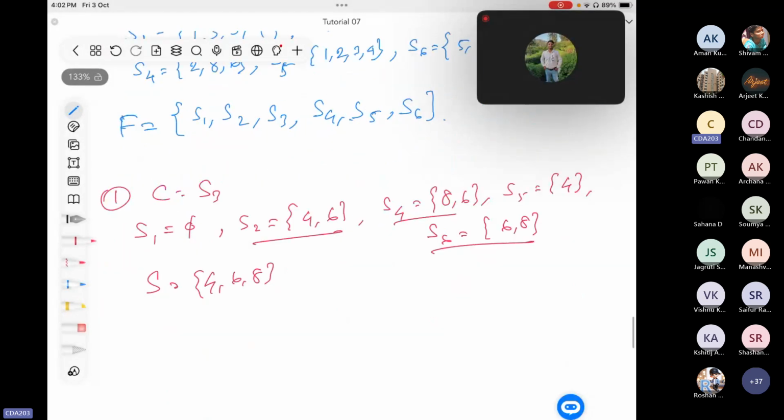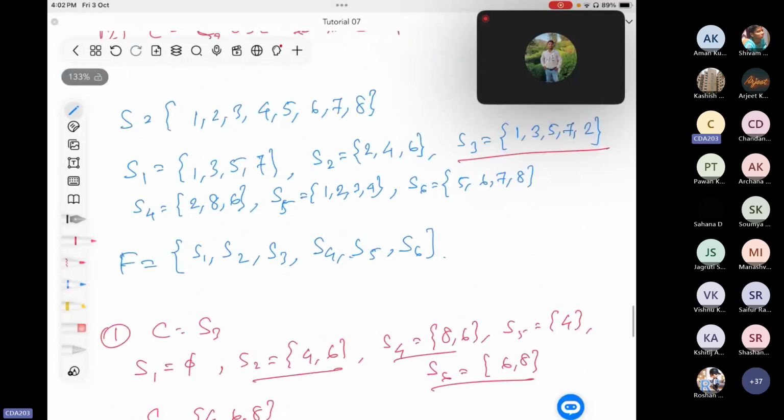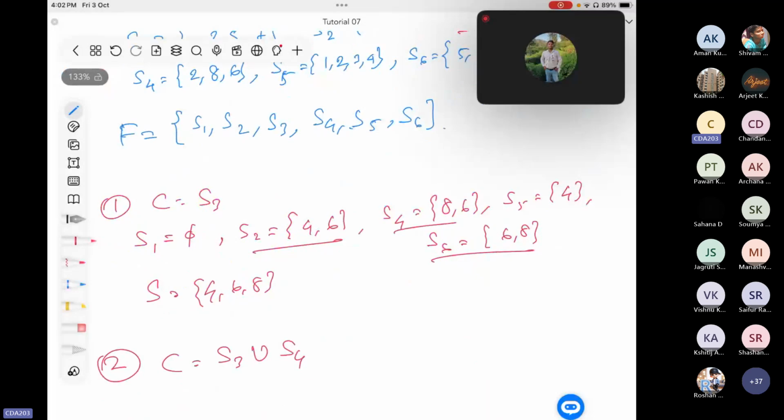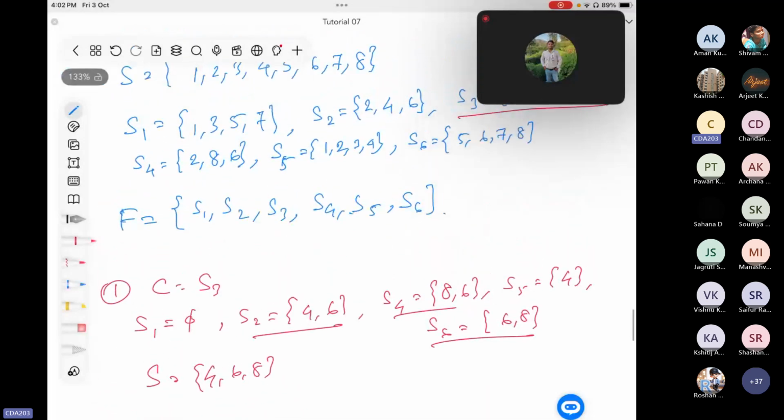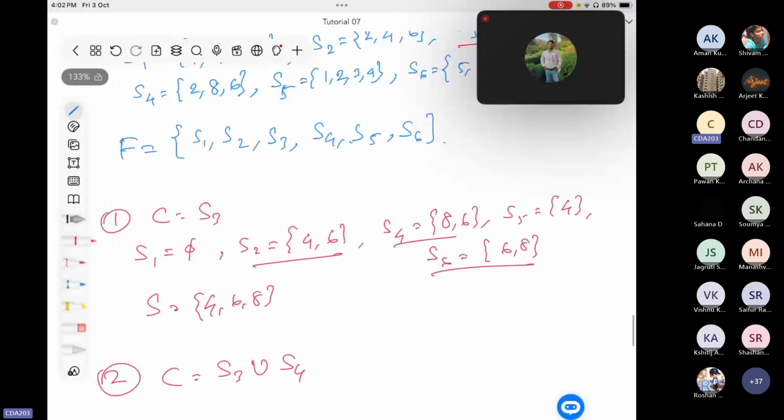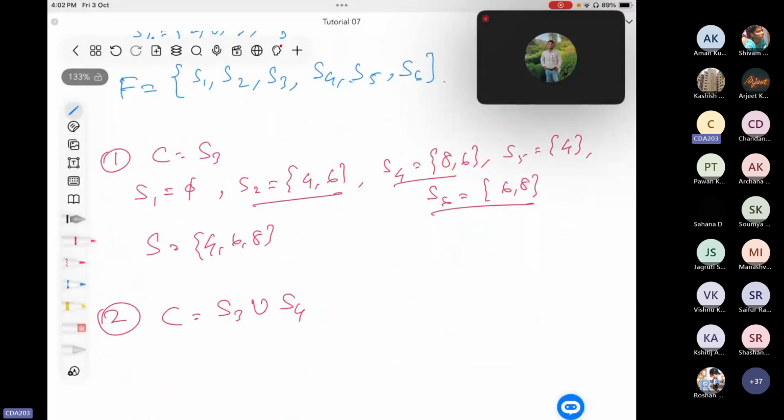Okay, so in the next step, S3 union, you will choose one of these sets. So let's say you choose S4. Any one of them, you can choose any one of them. S4 means that 8, 6 is included. So there is no point of considering this.